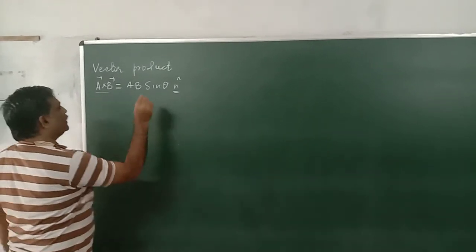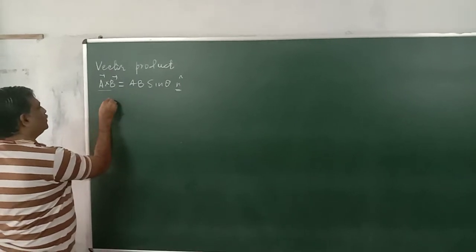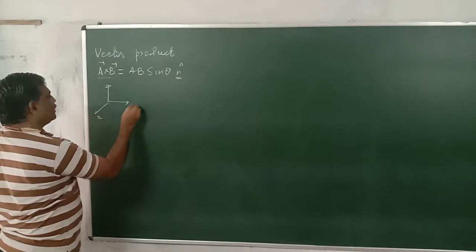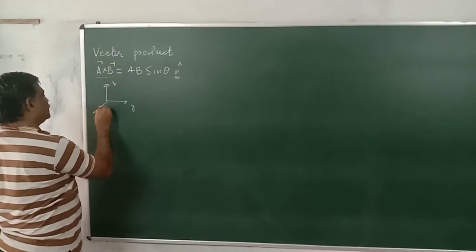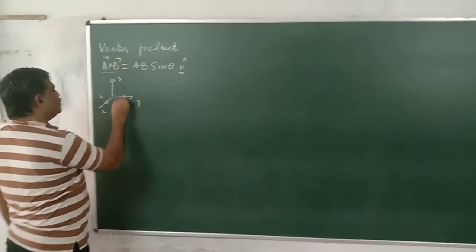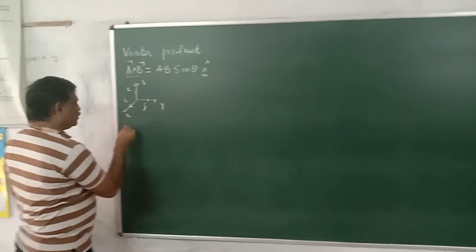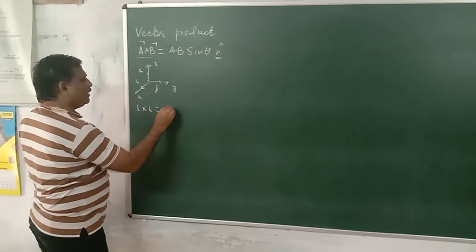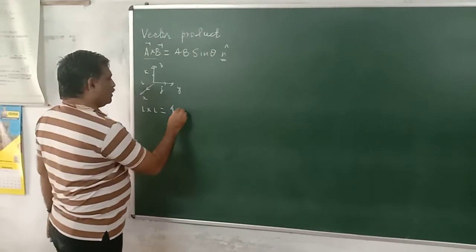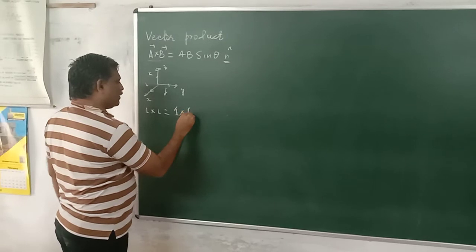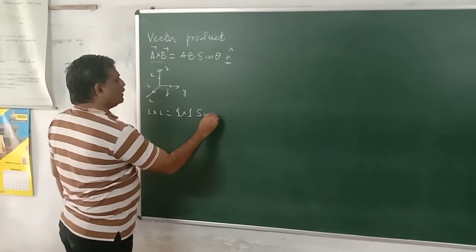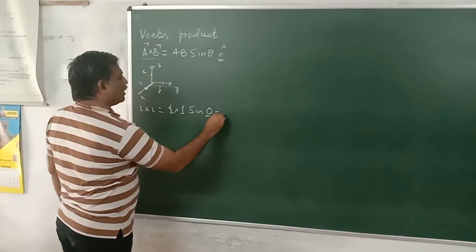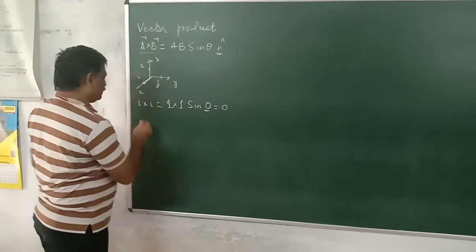From this one, we can say, suppose this is the x-axis, y-axis, z-axis. This is i, this is j, this is k. So, i cross i is equal to the magnitude of i, which is 1, the magnitude of i again 1, and then the sine of the angle between them, which is 0, therefore i cross i becomes 0.